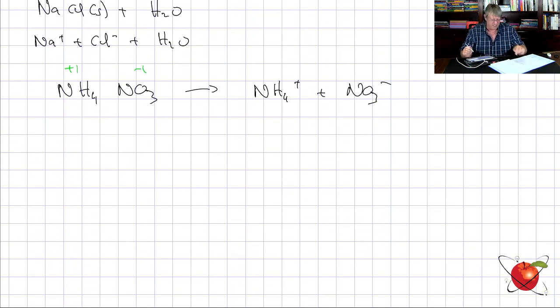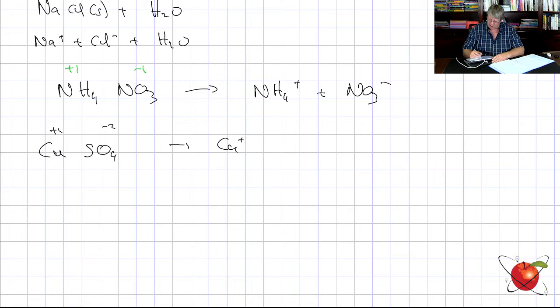Next one is going to be copper(II) sulfate. Here they've said copper 2, which means that is a +2, that's a -2. In water gives us Cu2+ ions plus SO4 2- ions. And I know my writing is not great. Okay, that's what's happening, and that's copper.